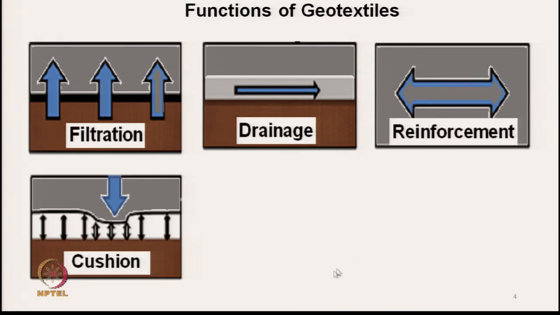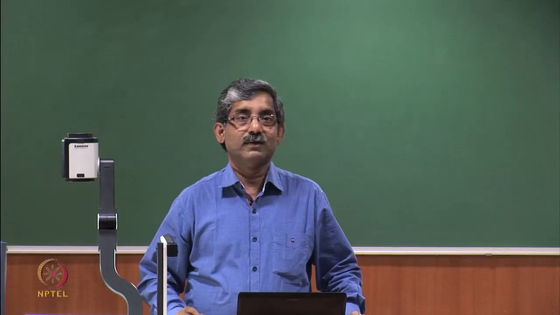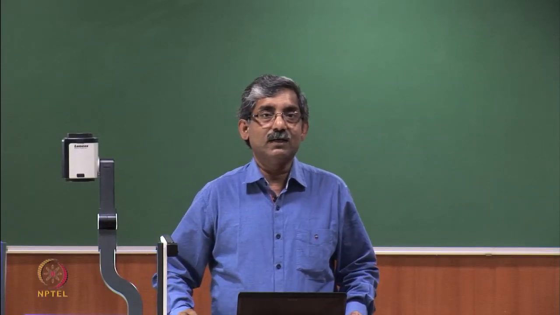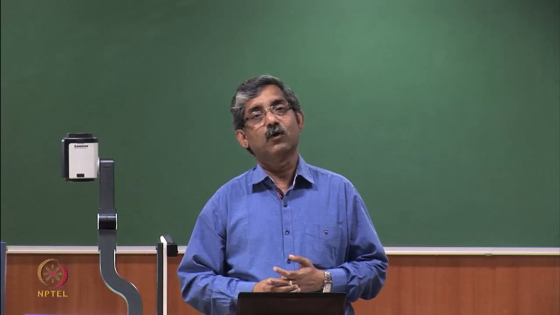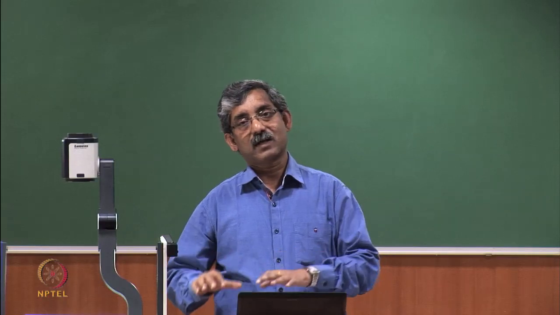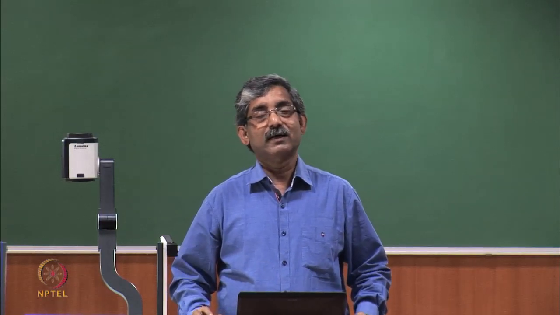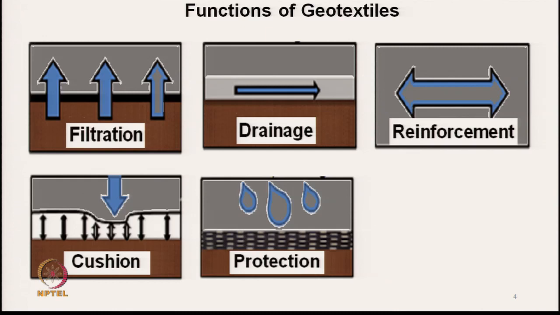Next function is cushioning. When the load is applied or vertical pressure is applied on the structure, geotextile has to absorb certain amount of load, so that the structure remains intact. Next function is protection.